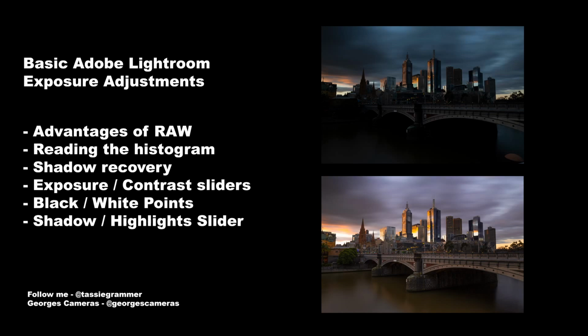I'm going to take you through how to read the histogram, and show you a few different ways to achieve exposure and shadow recovery, in particular the difference between the exposure slider, contrast slider, and the shadows and highlights sliders. They are different for different reasons, and I'll show you the advantages of each as we step through. And again, as I stop at the segment, I'll check my Instagram account for any questions that are coming through.